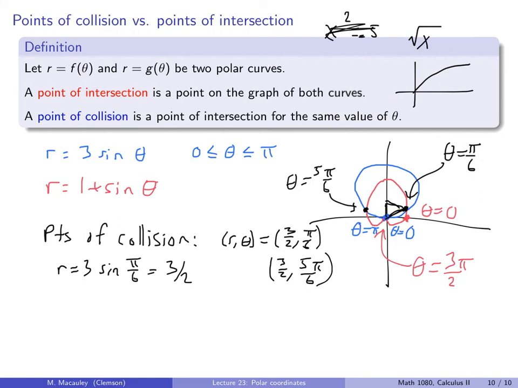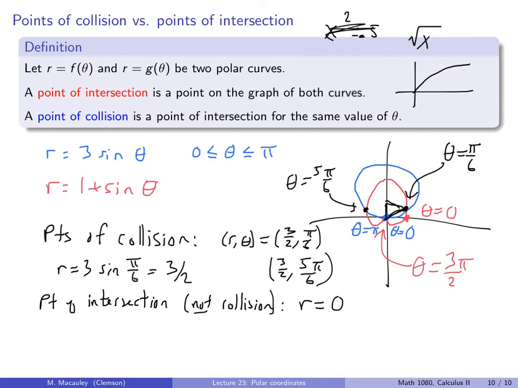So there's a point of intersection that's not a collision. It happens at r equals 0. It's enough to not even specify the angle, because when I say r equals 0, you know that's going to be at the origin.